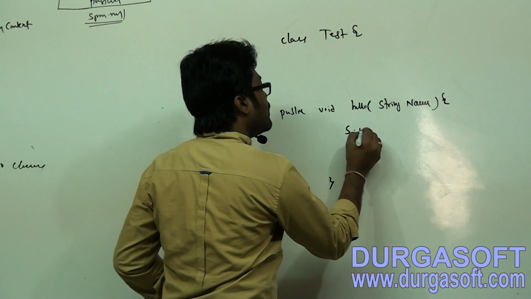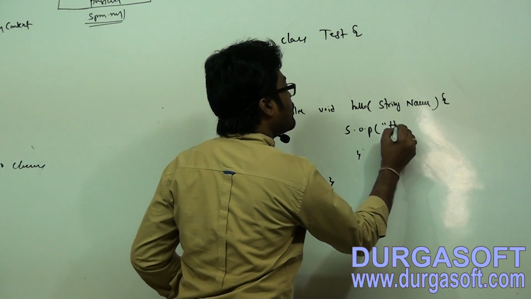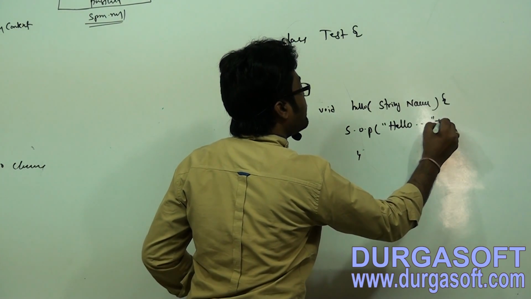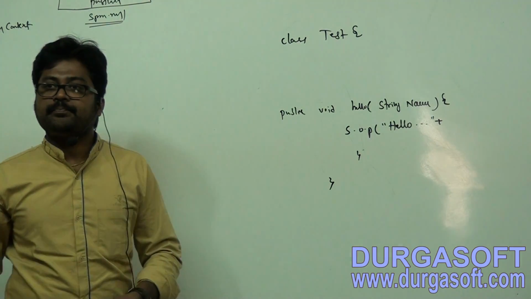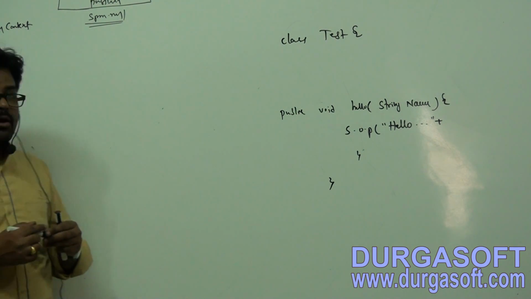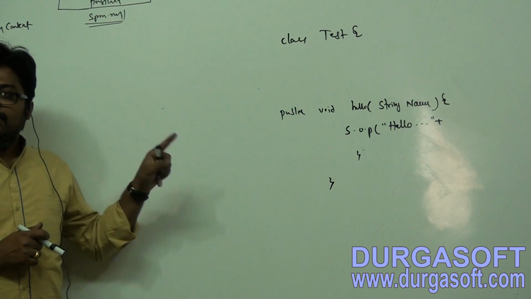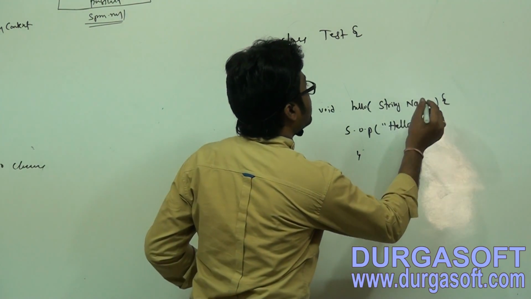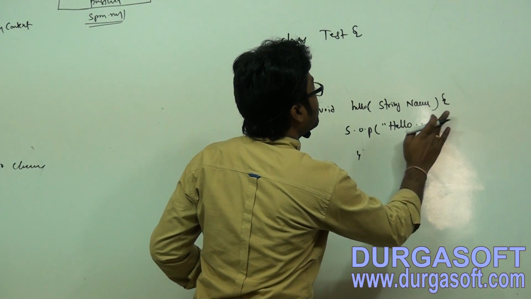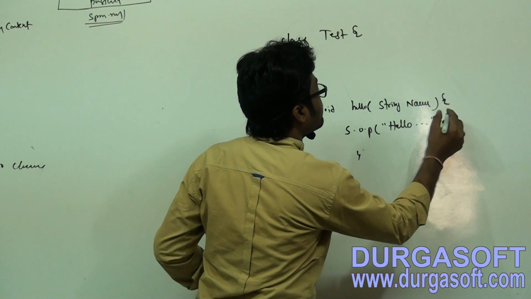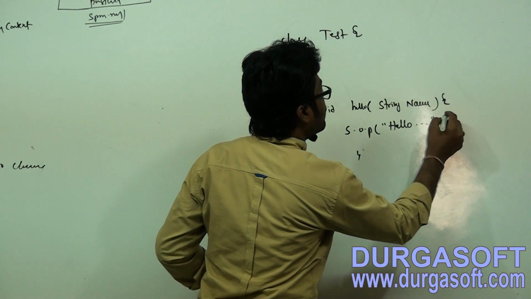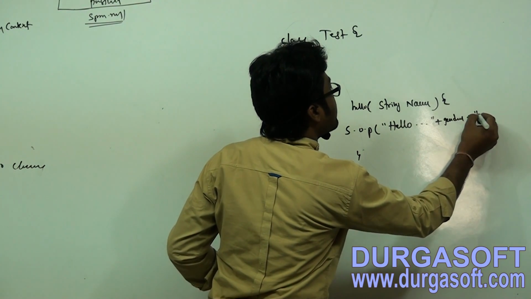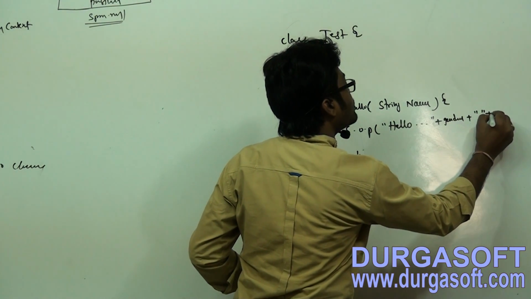It needs to print System.out.println hello, plus I want to say Mr. or Miss along with the name. Depending on the user, I want to say Mr. or Miss here. Hello gender, plus name also I want to print here.